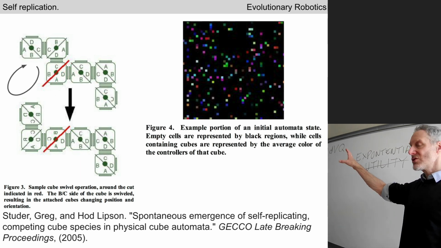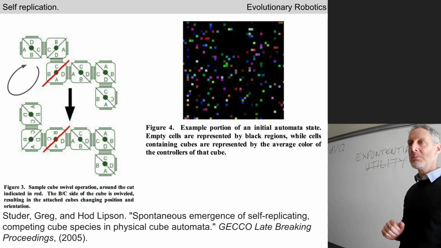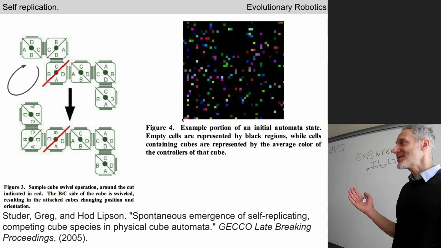So we've taken a whole bunch of robots, placed them at random locations. What do you think the colors represent? Why different colors? A, B, C, or D side kind of facing, or what combination is facing the top? It's a good guess. I haven't told you, so you've got to guess.